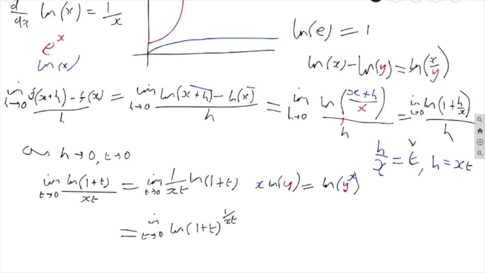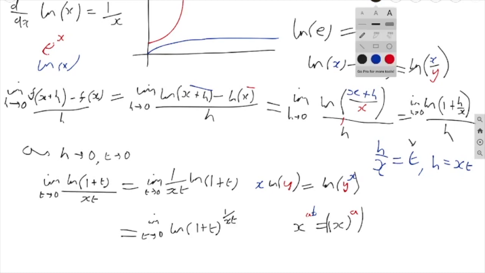Because of the way that powers work, where we have some x to the power of a, all to the power of b, that is equal to x to the power of a to the power of b.